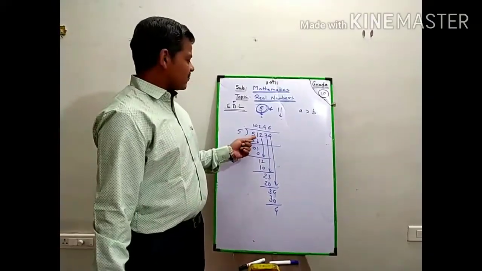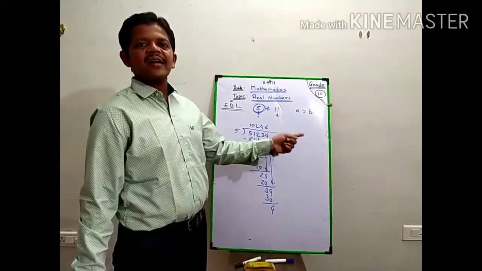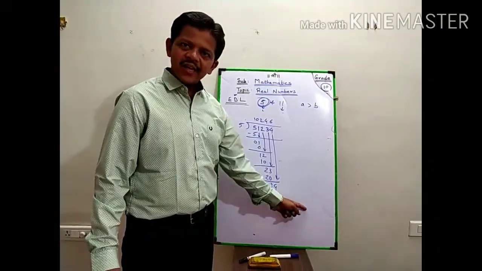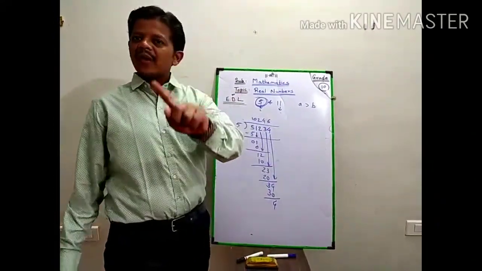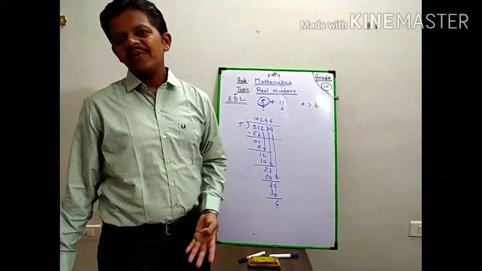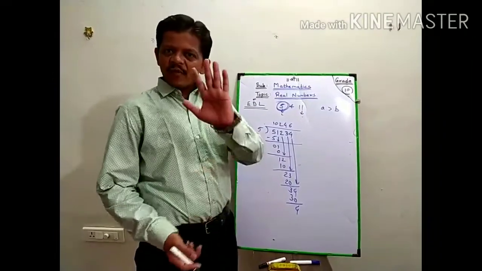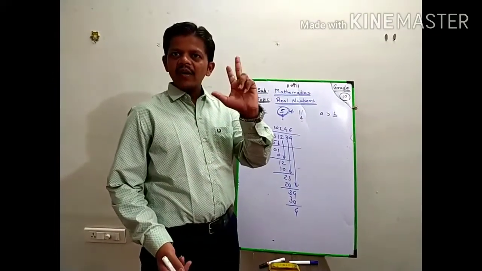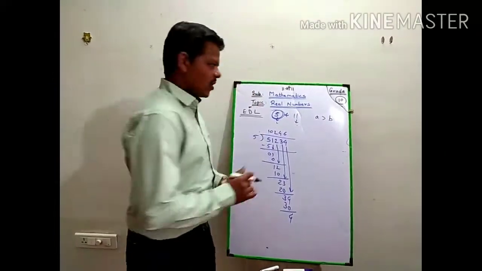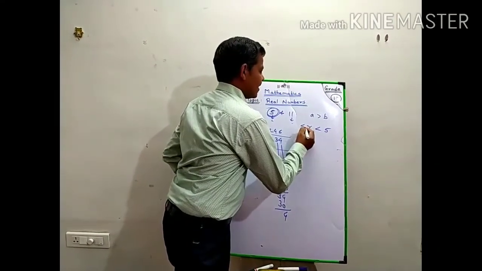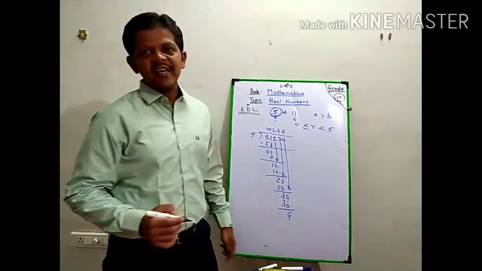Again, the next number 51,235, ending with 5, divisible by 5, remainder would be 0. For 36, remainder would be 1, 2, 3, 4. So when you are dividing by 5, you can get only 5 possible remainders: 0, 1, 2, 3, 4. Remainder less than the divisor, greater than or equal to 0.